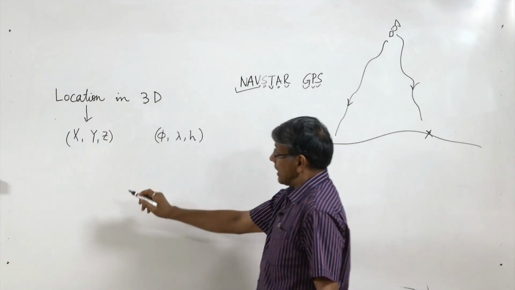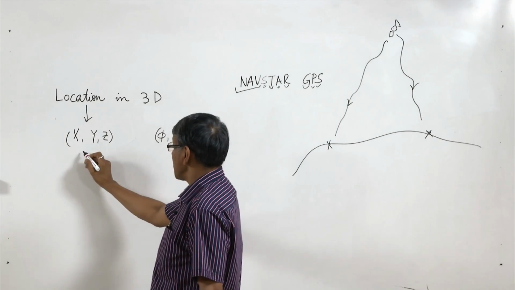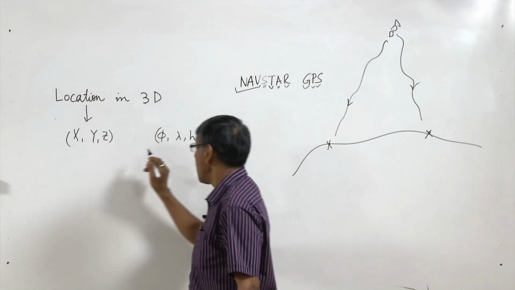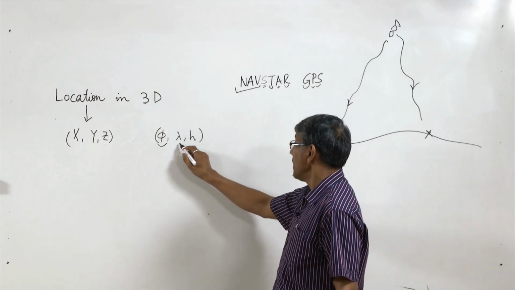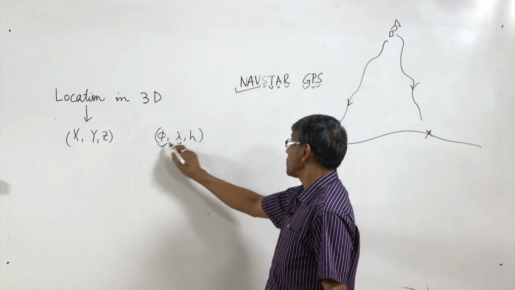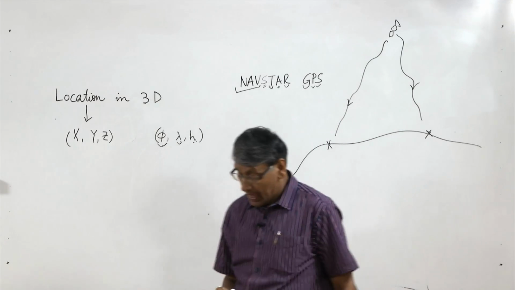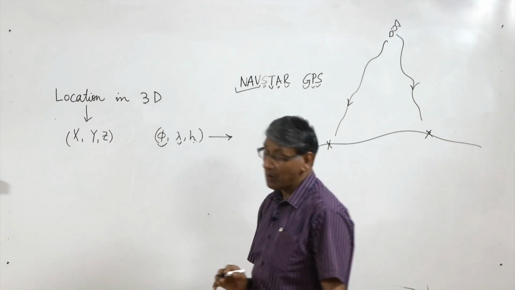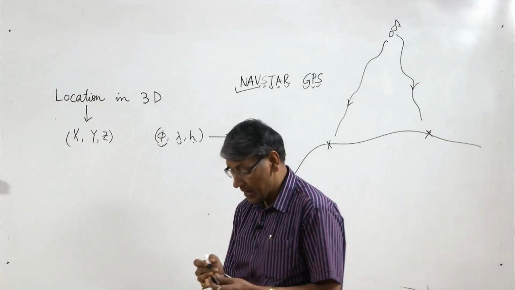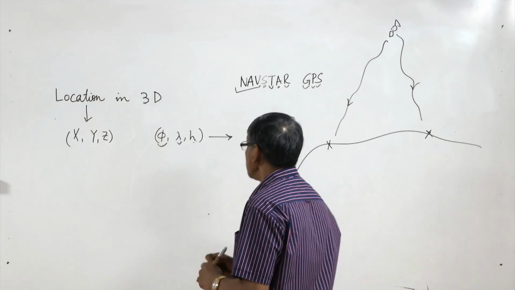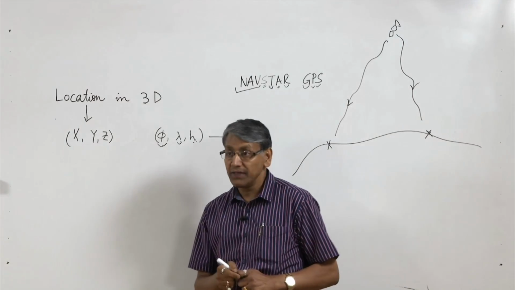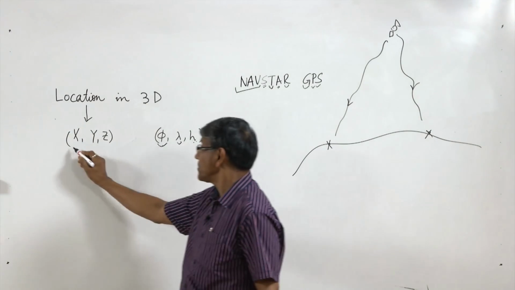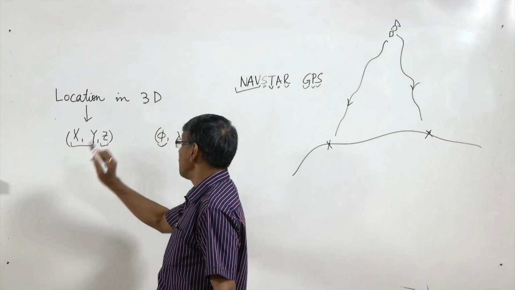So the position is Cartesian x, y, z or geodetic lambda, phi, h: latitude, longitude and height. So this is a big advantage over the conventional methods, where we get the position either the horizontal planimetric position or vertical position.